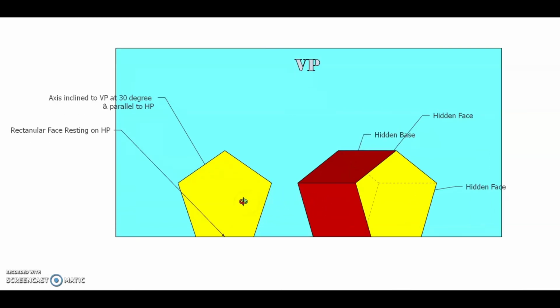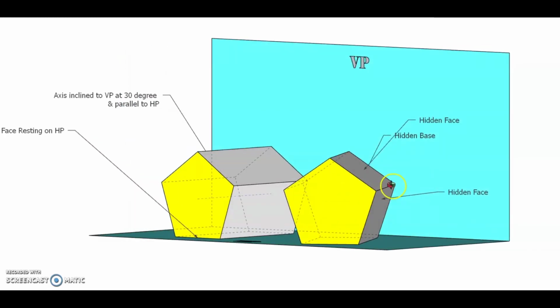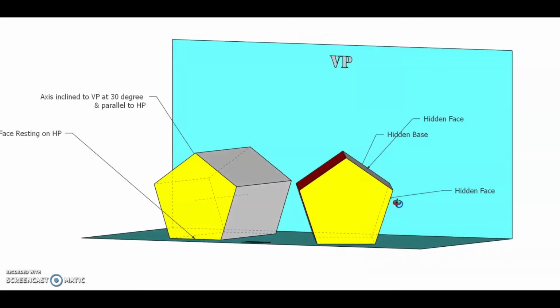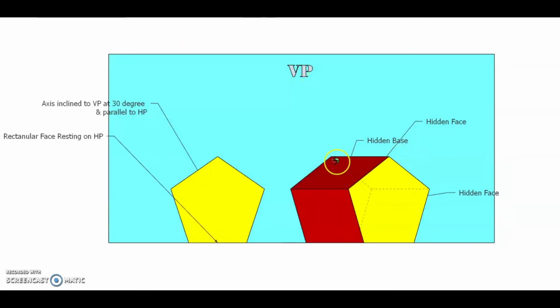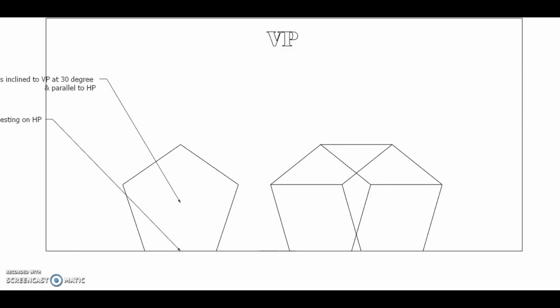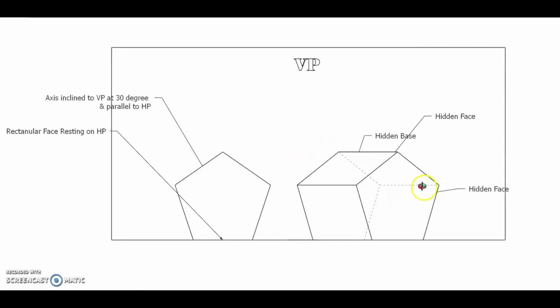In the initial condition, there will be no hidden lines, but in this case this edge and these base edges are not visible, so we have to show them by dotted line. So this one and this line should be dotted like this one.